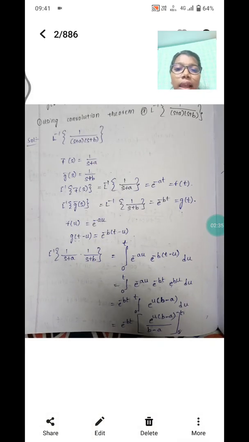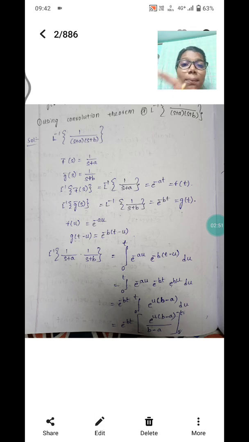Then we apply Laplace inverse to g bar of s, that means Laplace inverse of 1 by s plus b equals e power minus bt, which equals g of t.